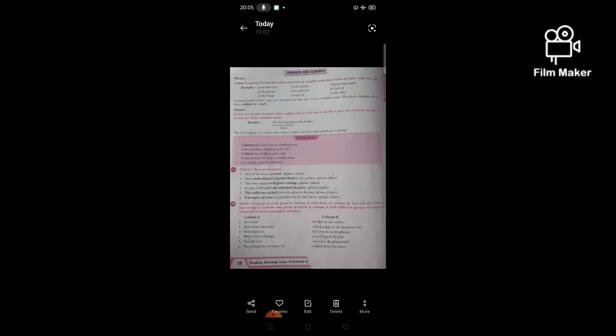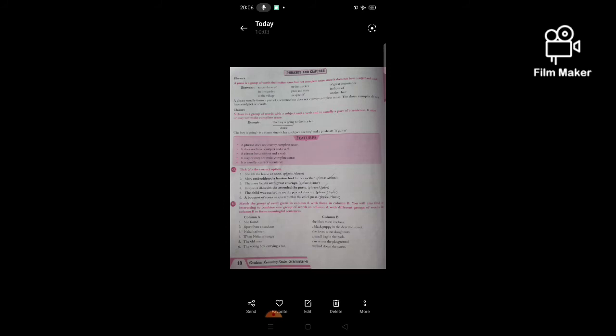Features are given on the same page for phrase and clause. A phrase does not convey complete sense. It does not have a subject and a verb, but a clause has a subject and a verb. It may or may not make complete sense, and it is usually a part of a sentence.